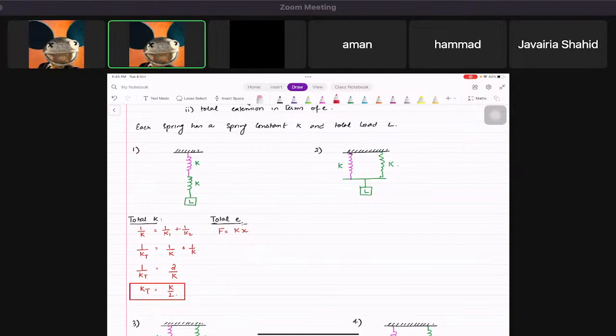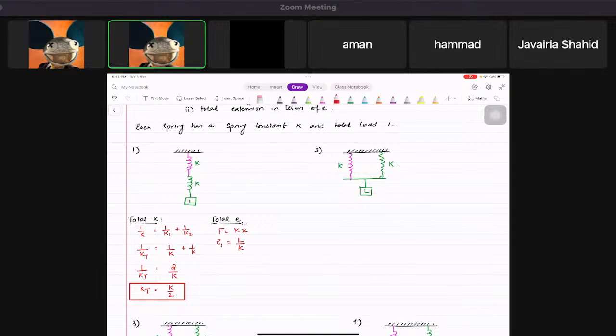I just want to tell you that for each spring, basically, the extension, like in the first spring, we could say that would be load over K, because it has a spring constant and the force is the same.